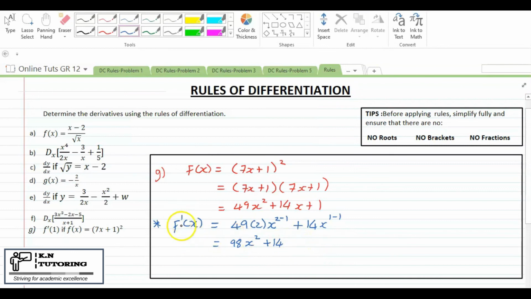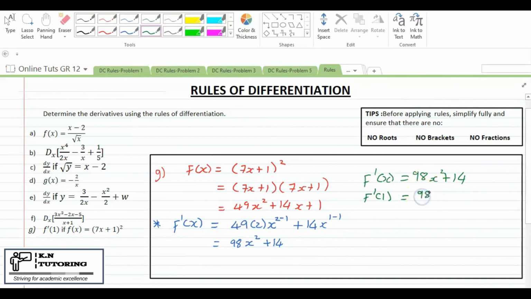Now I've got f′(x) = 98x + 14. But the question says I must find f′(1). Functional notation says where I see x, I must substitute 1.